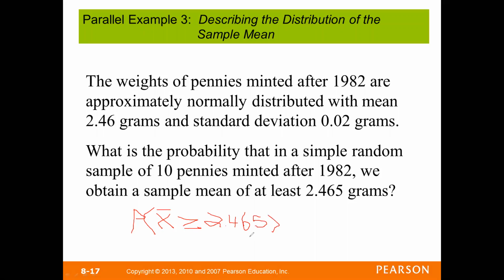Because I started with a normal distribution, I know that finding this probability will relate back to a standard normal curve. To do that, I have to figure out what the mean and standard deviation are for this sampling distribution.